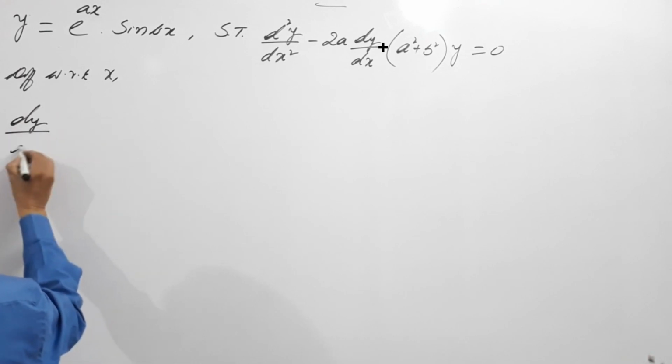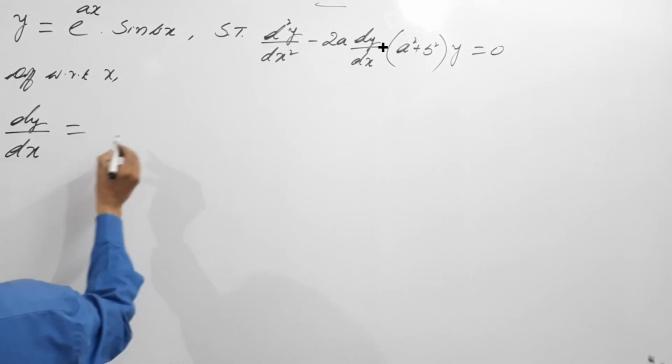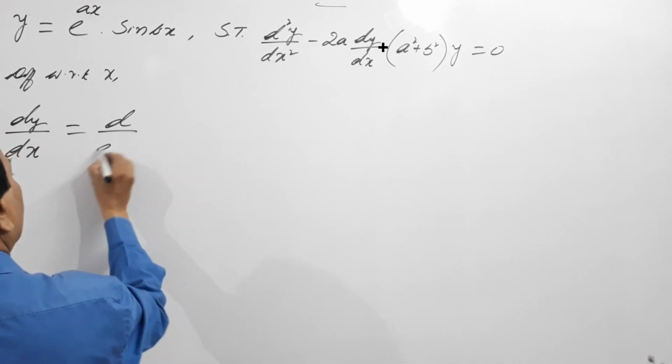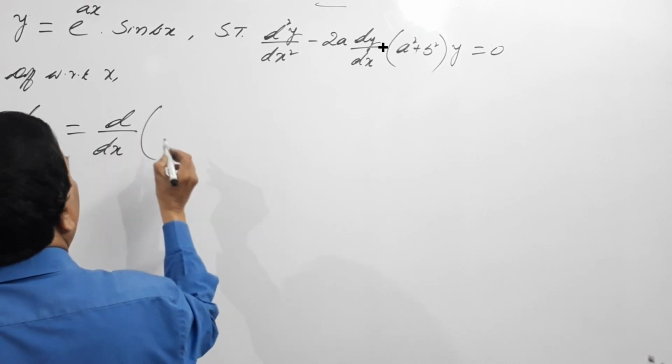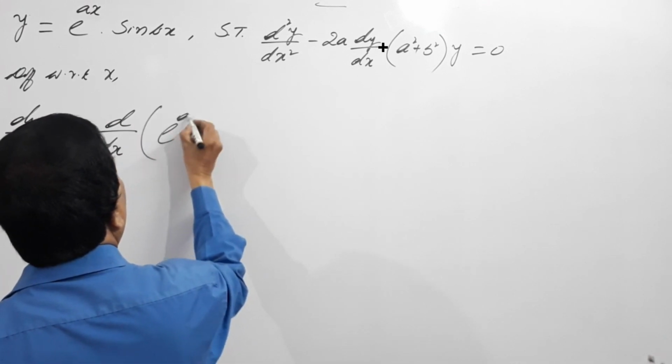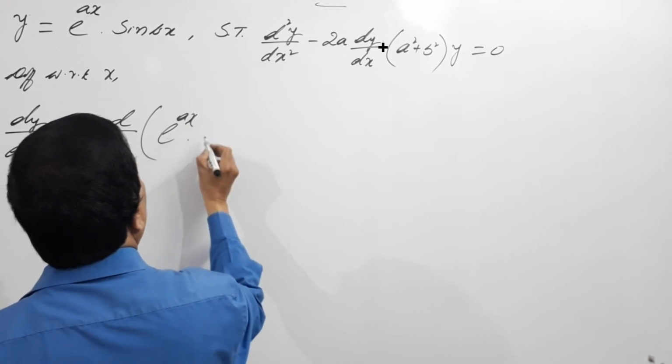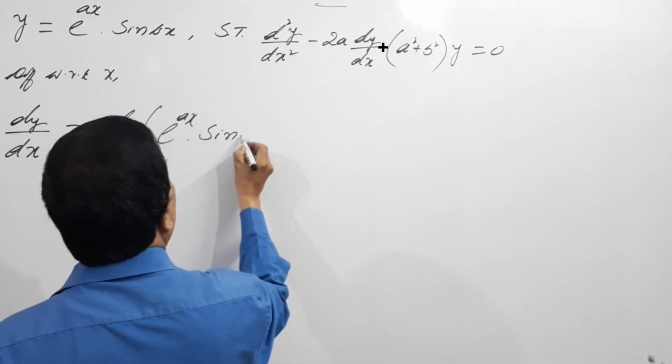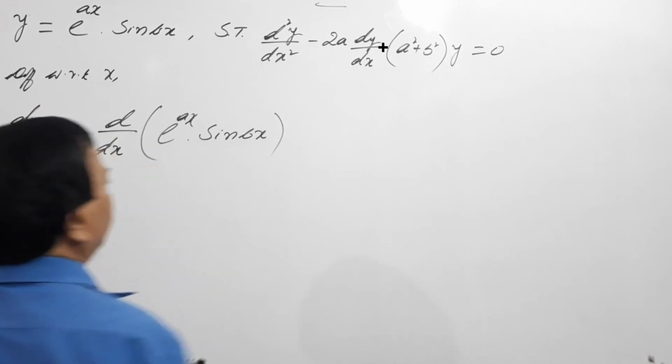What happens here? dy by dx equals d by dx of e to the power of ax into sin bx.